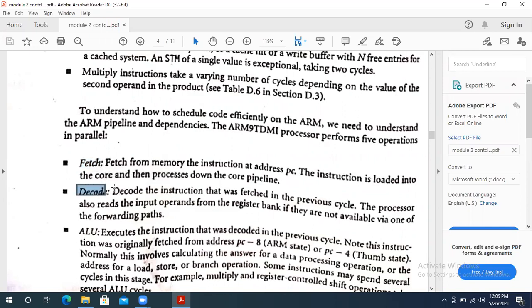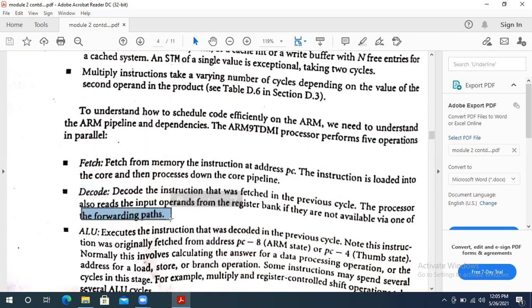See, decoding the instruction that was fetched in the previous cycle. In decoding we have the data which is already fetched from the fetch instruction. In this, the processor also reads the input operands from the register and it is decoded here.